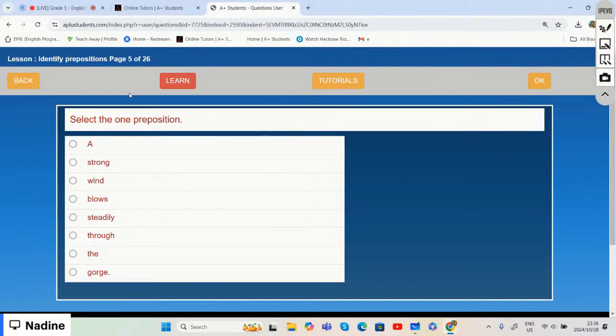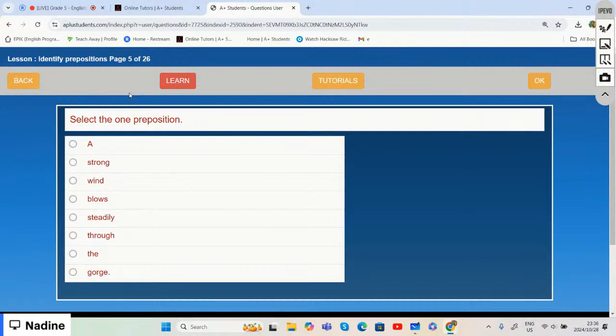If we were to select the preposition within that sentence, we need to select the preposition within that sentence.